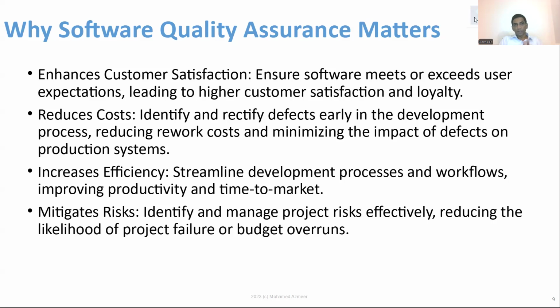So if you have proper software quality assurance processes, it will mitigate the risk and manage the project risk effectively, reducing the likelihood of project failure and budget overruns. Now, what does that mean? Budget overruns. If you don't build your software properly, you will have to rebuild. It's called rework, right? You need to rework and fix and do a lot of stuff, which will actually require more money.